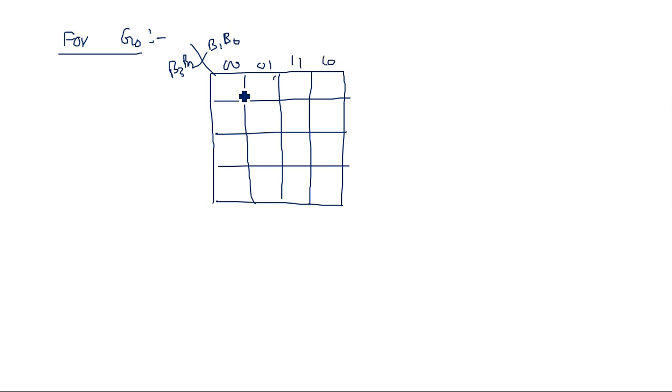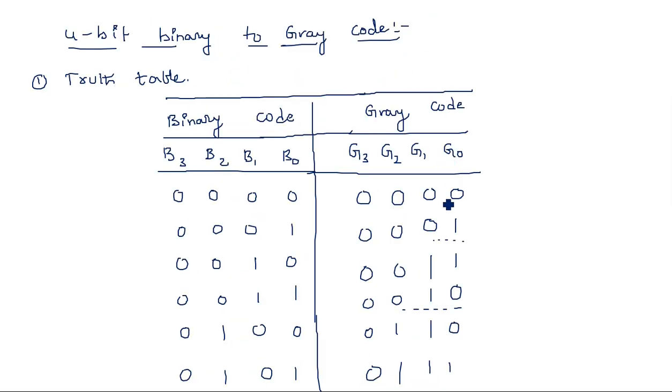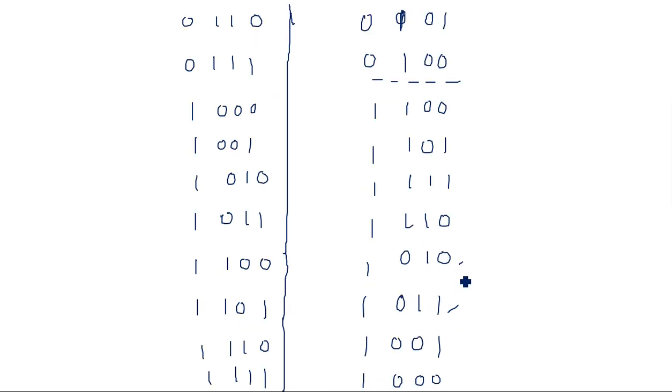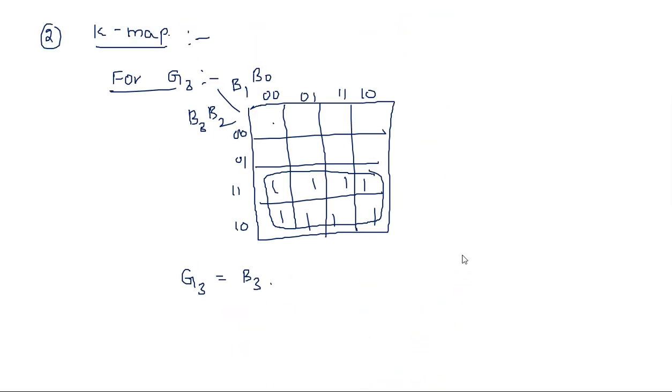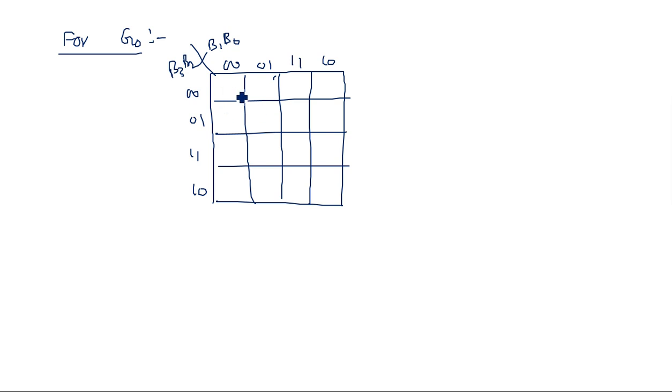Now see, go to the G0 column, and in G0 we are having 0, 1, 1, 0, 0, 1, 1, 0, 0, 1, 1, 0, 0, 1, 1, 0. Okay, so we are having these 4 ones and again these 4 ones. So how can we map these?